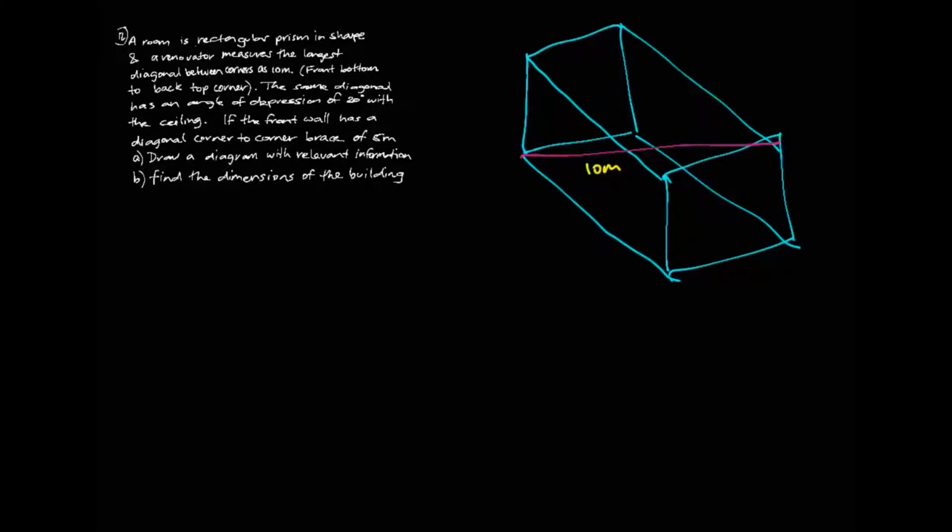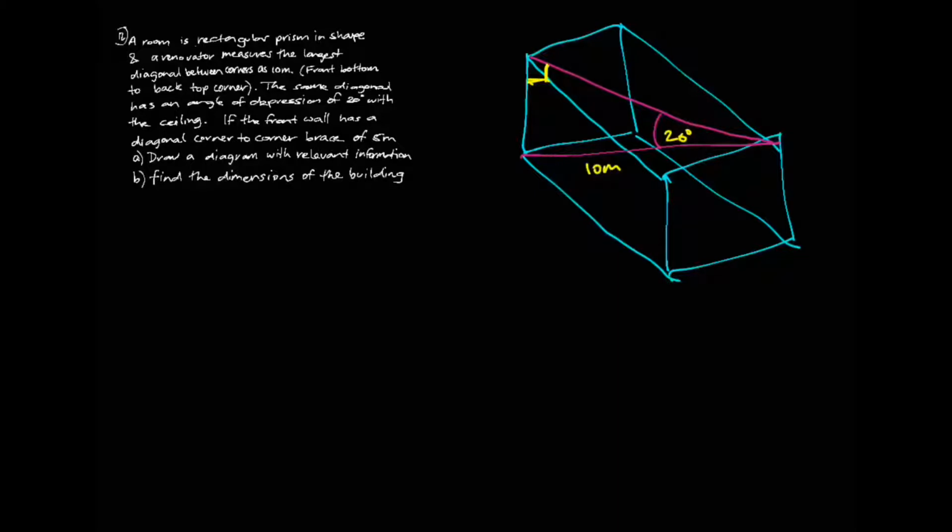Now we've got to make sure we're in the plane of that diagonal, in a triangle in the plane of that diagonal, which means that we use that line there as our adjacent to this angle, which is the angle of depression, and that value there is 20 degrees. So this is a right angle, and the 10 meters is a hypotenuse.